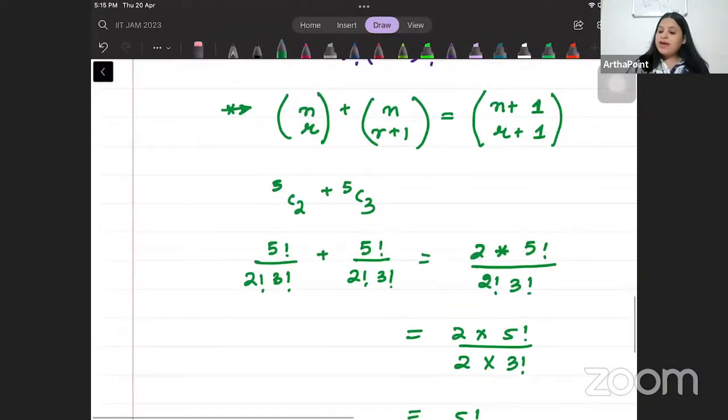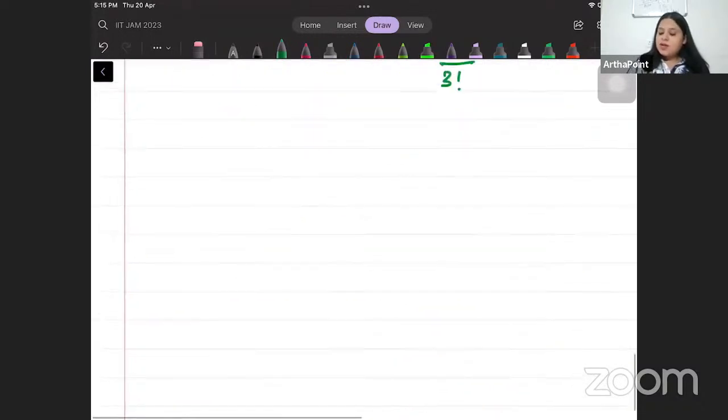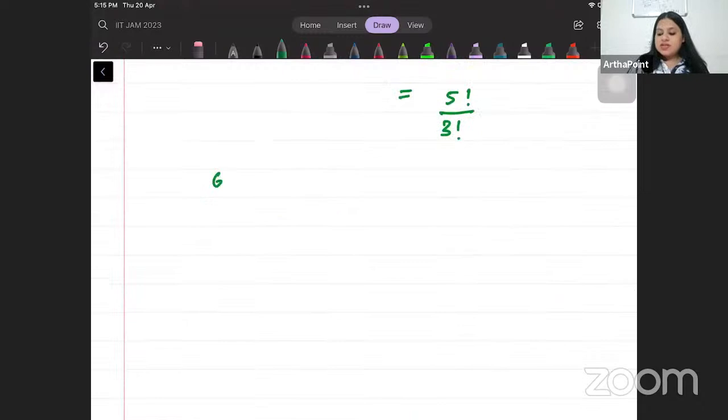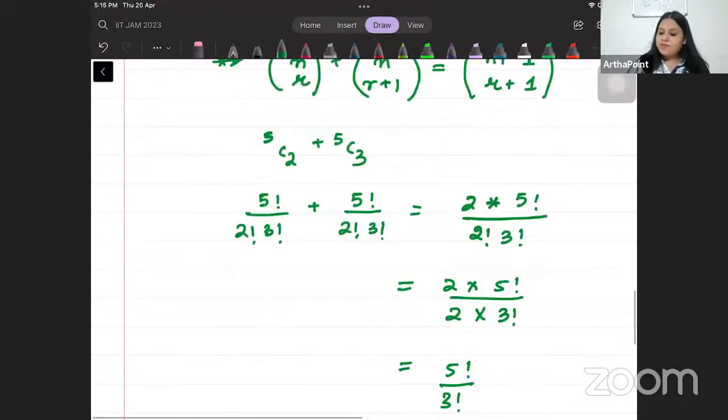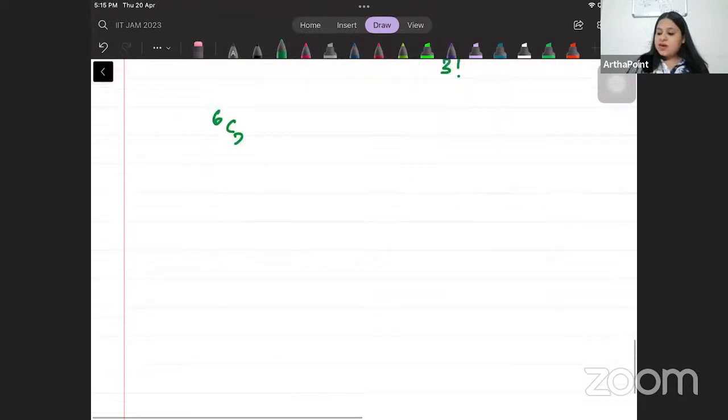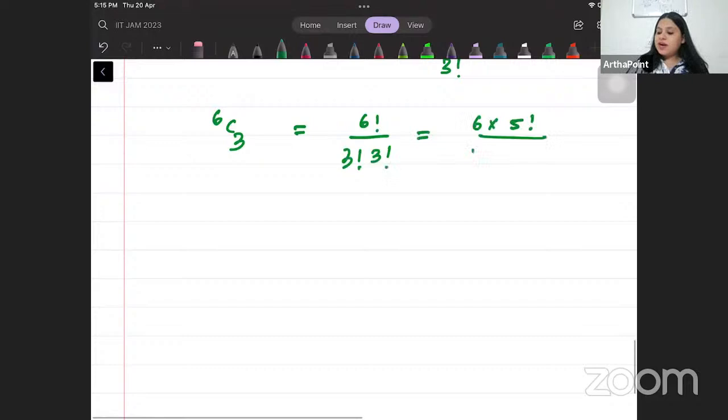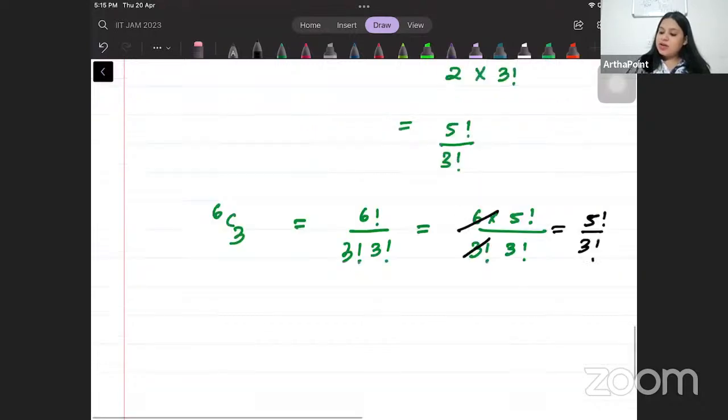Achha, now just find (n plus 1)C(r plus 1). So n plus 1 in this case will be 6, and r was 2, so r plus 1 is 3, so it is 6C3. So this will be 6 factorial upon 3 factorial, 3 factorial. So this will be 6 into 5 factorial upon 3 factorial, 3 factorial. 3 factorial is 6 only, no? So this and this will cancel. So this will be 5 factorial by 3 factorial, exactly what you're getting here.